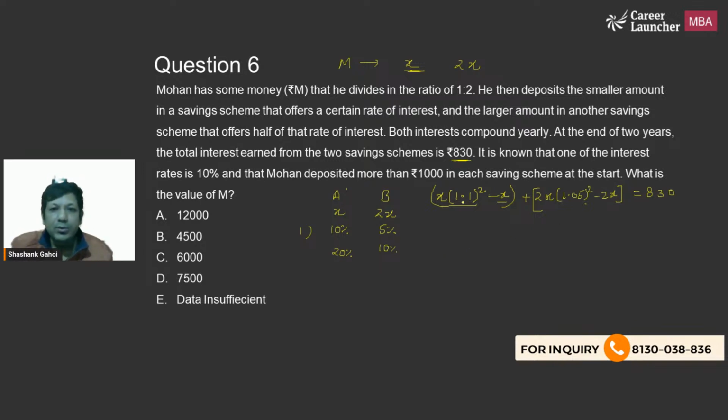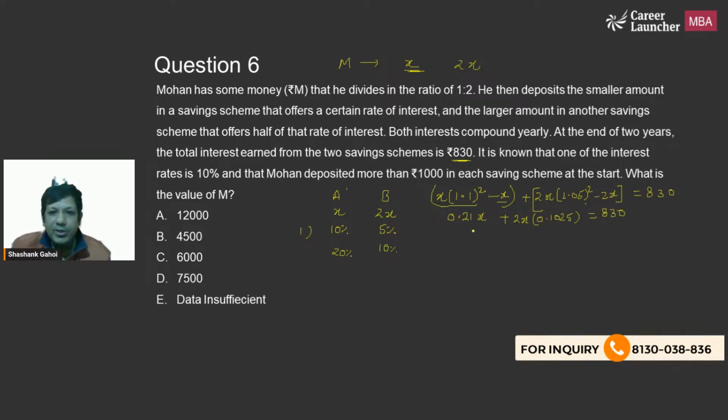So this is going to be 1.21x, so this comes out to be 0.21x plus, this comes out to be how much? 1.1025, right? So 2x into 0.1025, and that is equal to 830.